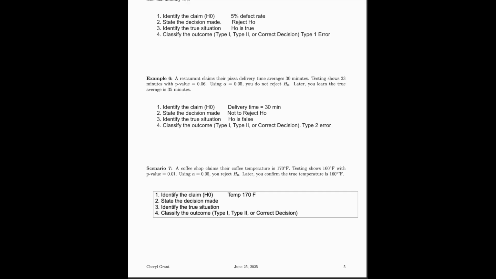The decision that we made after testing was to reject the null hypothesis. Later, you find out that the true temperature is 160, which means the null hypothesis is false.